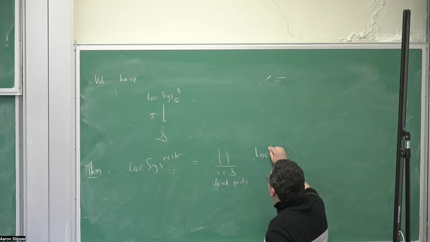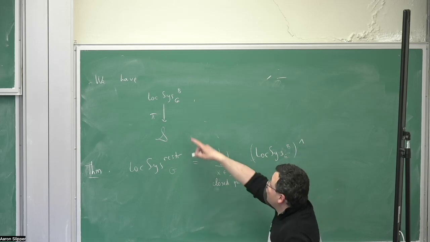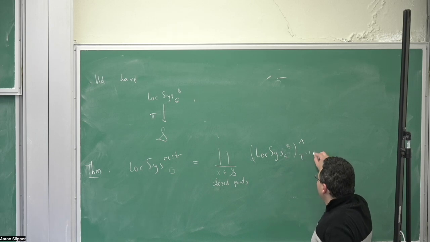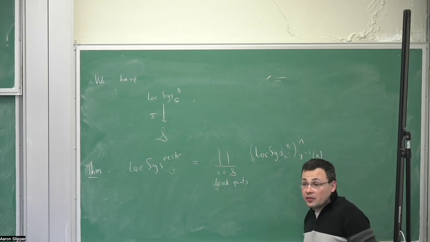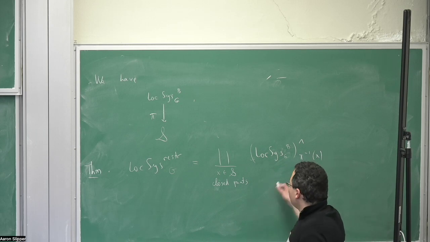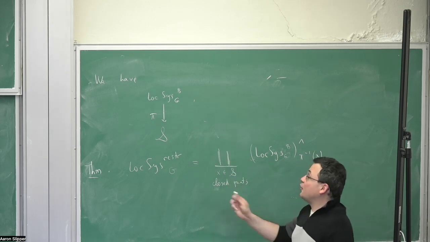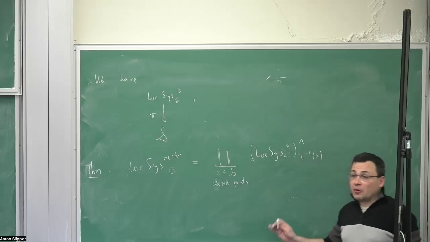Let me write it like this: the formal completion at the closed substack, which is the preimage of this point. So this is the most geometric way I know how to say what the space looks like.